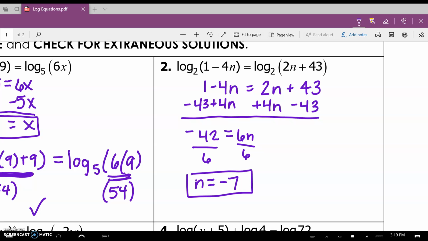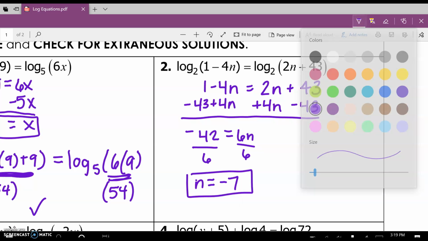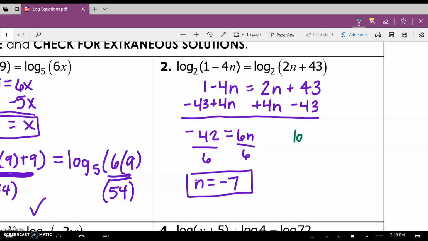Now, we still have to check and make sure, so when we plug in, we would get log base 2 of 1 minus 4 times -7 equals log base 2 of 2 times -7 plus 43.